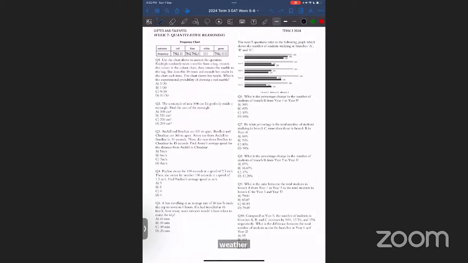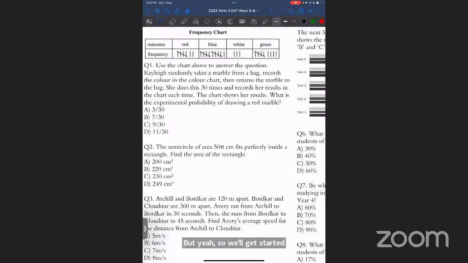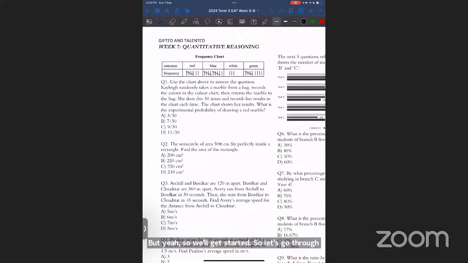But yeah, we'll get started. Let's go through question number one in quantitative reasoning. Use the chart above to answer the question. Kaylee randomly takes a marble from a bag and records the color in the color chart, then returns the marble to the bag. She does this 30 times and records her results in the chart each time.